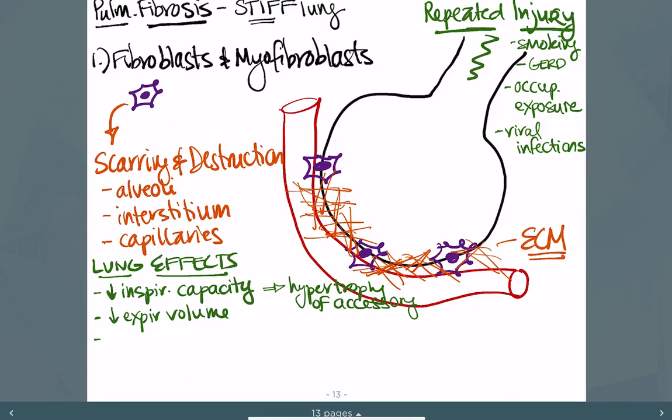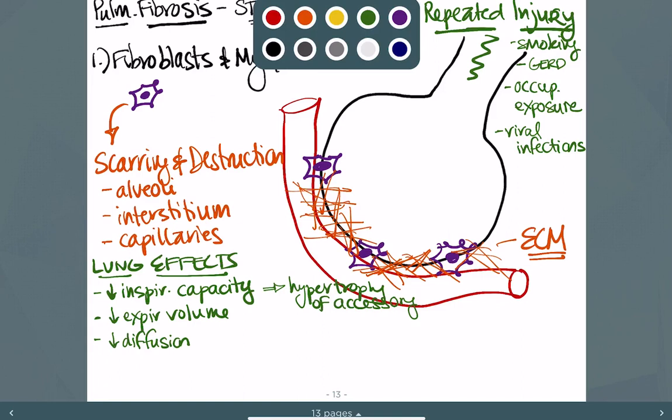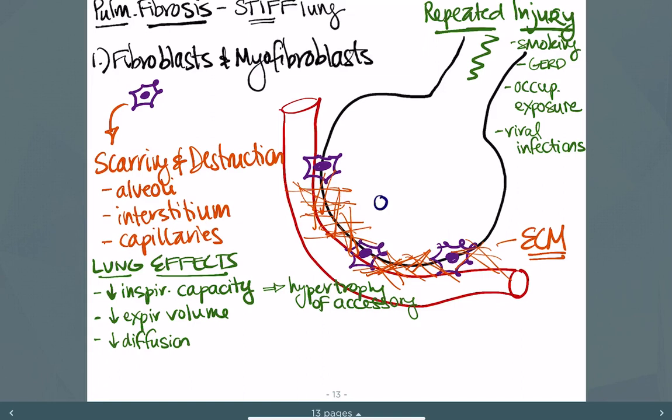The other really big effect is a decrease in oxygen diffusion. So the oxygen molecules that find their way into this alveoli, and it's open right at the top, there's nothing stopping the air from getting in, have this mess of scar tissue to try to navigate through to get into the blood. And that's going to affect diffusion.